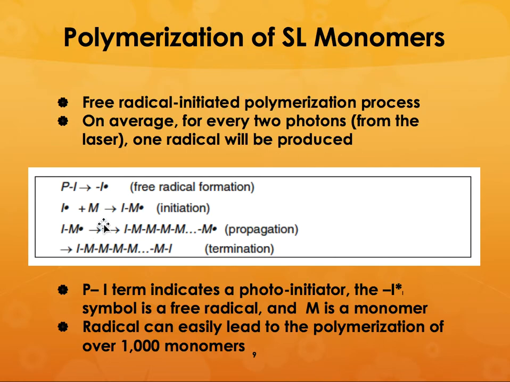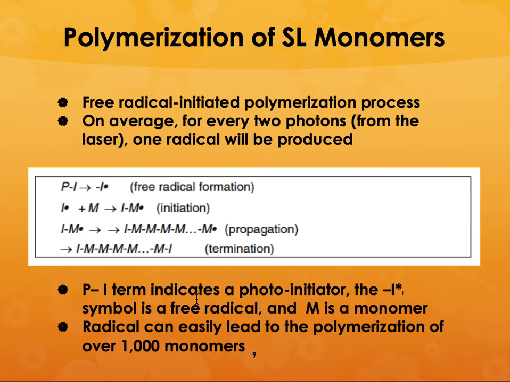So you can see this one. Once the laser hits the monomer, it creates a free radical, and that free radical plus the monomer starts initiating, and then those free radicals will just link up and start polymerizing. So it propagates the reaction, and then you end up with a terminal reaction. So now you have a polymer chain of length so and so, which is ending.